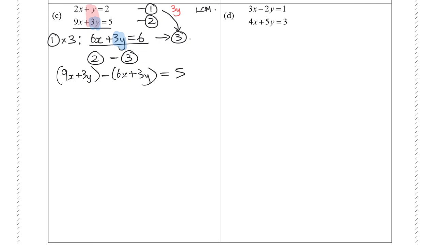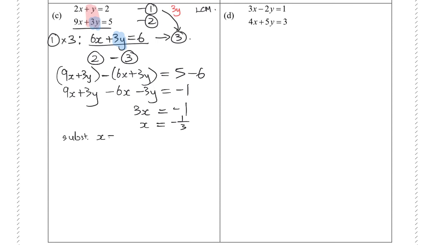Now you see that they have the same coefficient 3y, so I will take equation 2 and subtract away from each other. So I'll get 9x plus 3y minus 6x plus 3y. And on the right hand side, 5 minus 6. Simplifying it, I've got 9x plus 3y minus 6x minus 3y is negative 1. Y is eliminated, so I'm only left with 9x minus 6x to get 3x equals to negative 1, and x will be negative 1/3. Let's now place it back into either one.